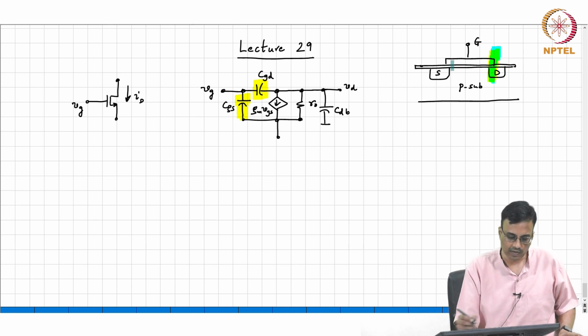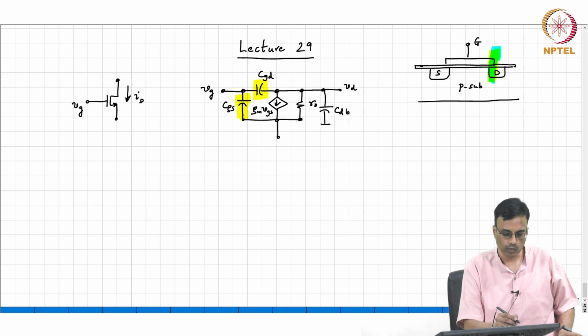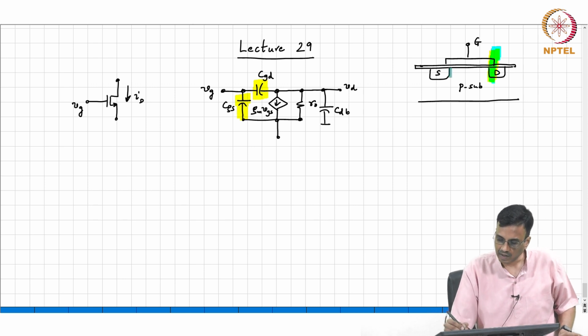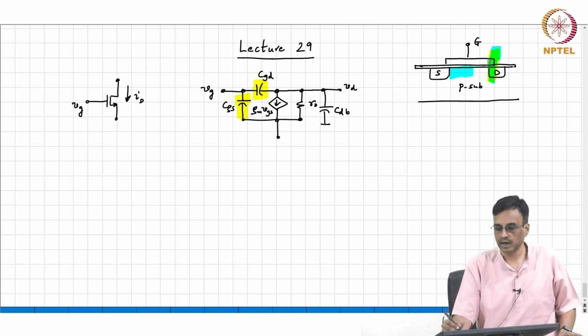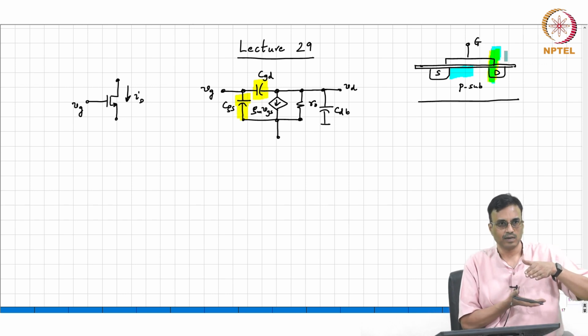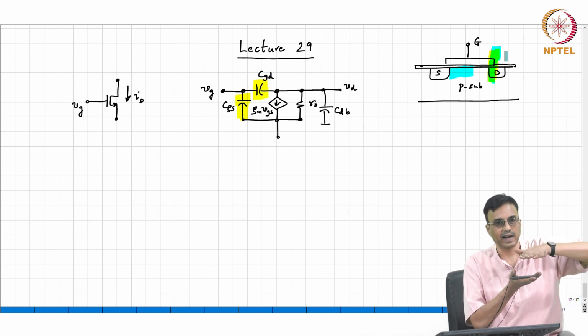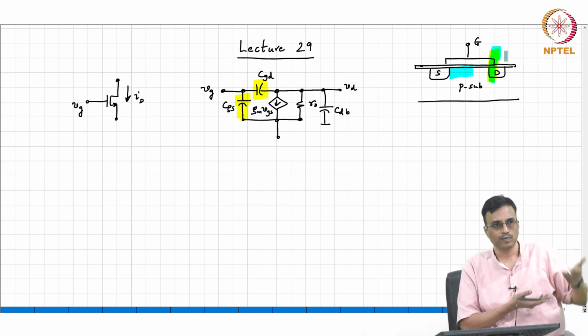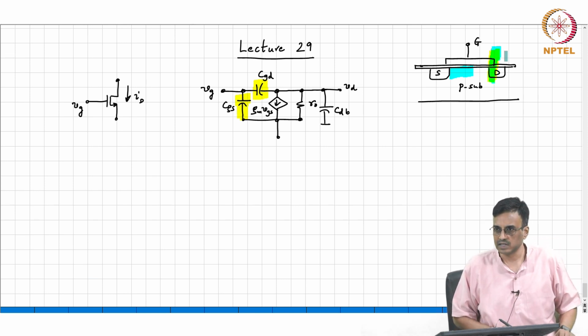It comes not merely from the overlap between the gate and the source, but also because there is a channel here, and that channel is connected to the source. There is parallel plate capacitance between the gate and the channel, but the channel is connected to the source electrically. So it seems reasonable that there is some capacitance between the gate and the source.